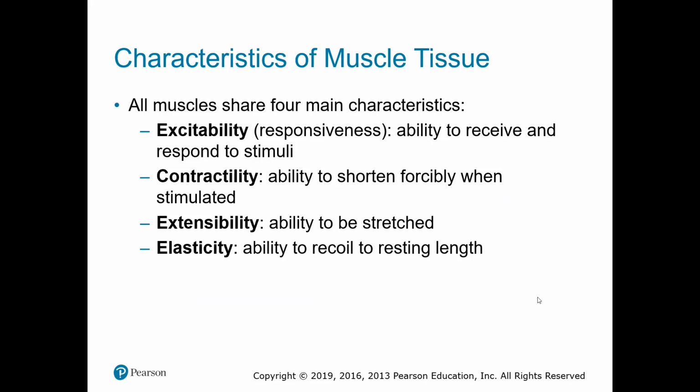Whether it's cardiac muscle, skeletal muscle, or smooth muscle, however, there are four things that all muscle cells have in common. They are excitable. They will respond to a stimulus, a nerve impulse, whether generated by itself, like in the heart, or received from the nervous system, like in skeletal muscle or smooth muscle.